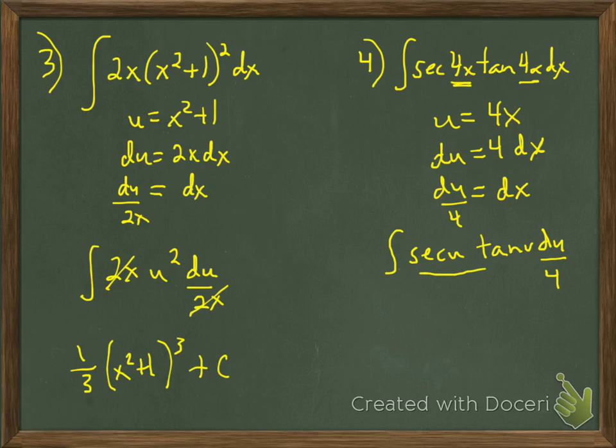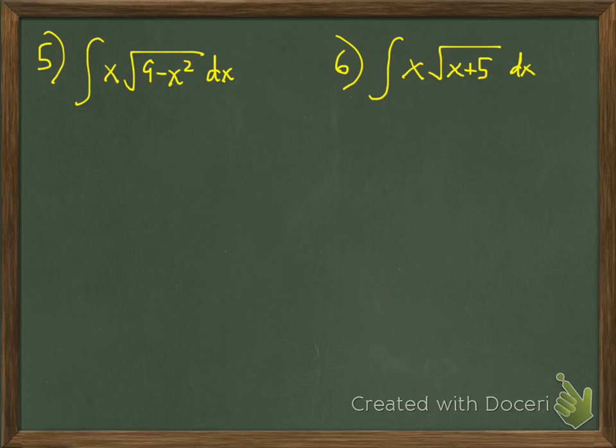Now you have to decide, do I know the integral of that? Well, think about something that has a derivative of secant tangent, and that would be secant. So 1/4 secant of u plus c. And that's your integral. Remember, you can always take the derivative of what you get, and it should match up.